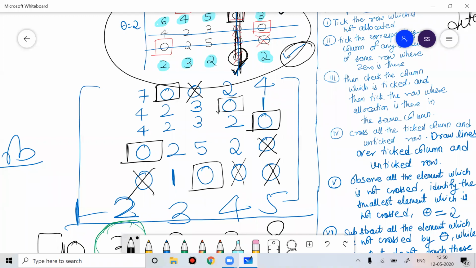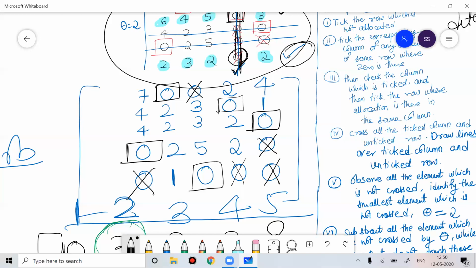In case it's not allocated, again you follow the same story: tick that row which is not allocated, in that row tick the column where zero is there, in the corresponding column tick the row where allocation is there, then draw a line over unticked row and ticked column, and then again determine theta, adding, not touching or subtracting theta. Again the same process we keep doing till the time we find allocation in every row. So that is all about the Hungarian approach.